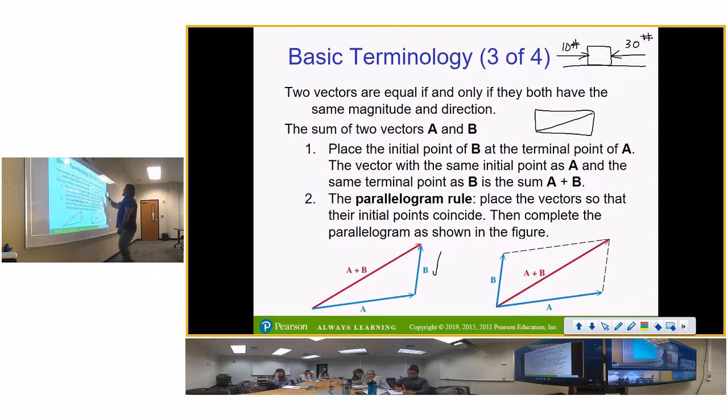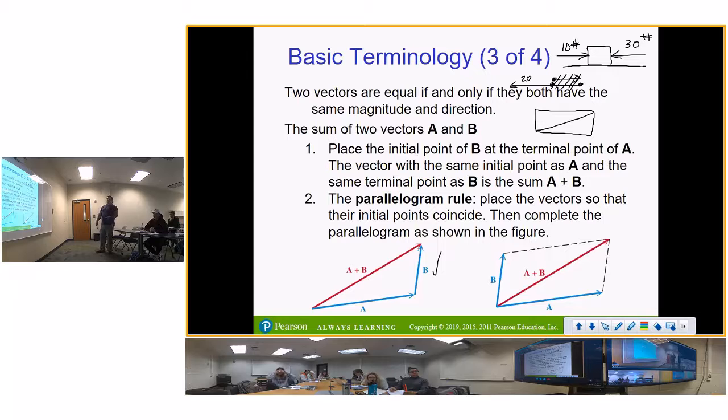Well, then technically, I've got a 10-pound vector going this way, and I've got a 30-pound vector going this way. So what happens to the 10? It cancels out, and I'm left with what? 20. 20 pounds. Going that way. That is a very basic resultant vector.